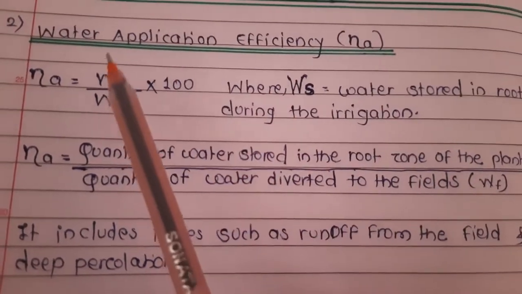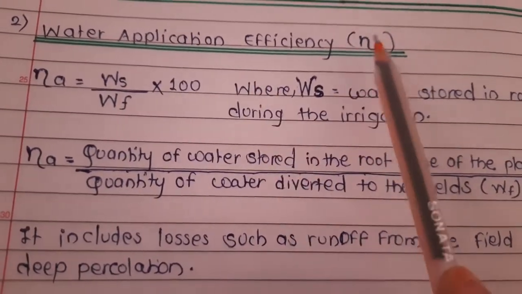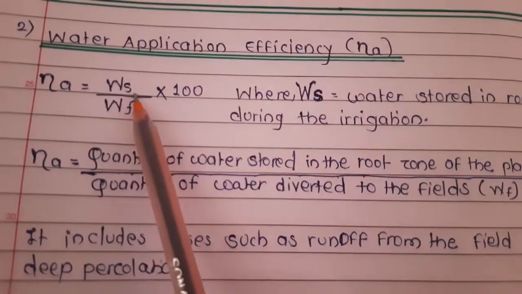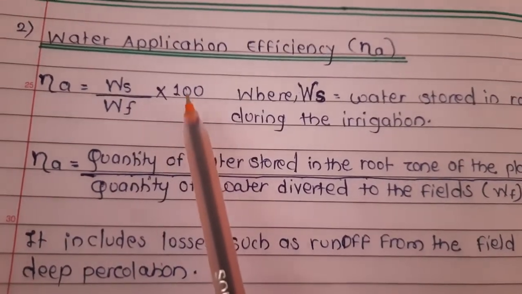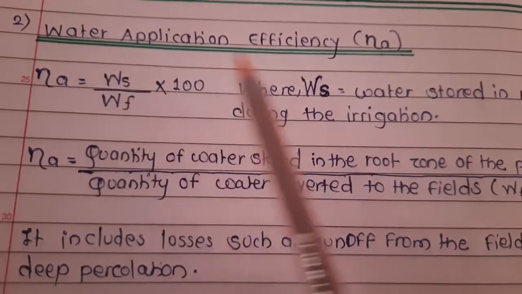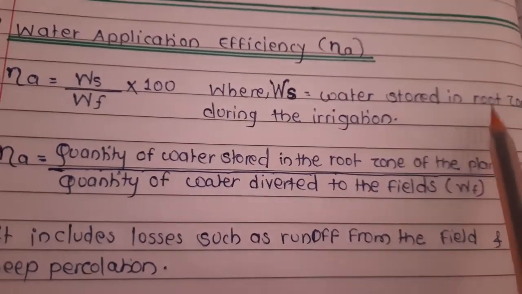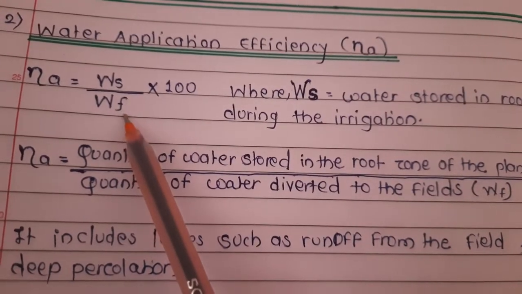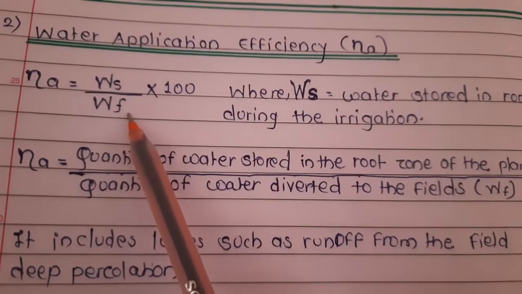Hence we can say water application efficiency, eta A, is equal to Ws upon Wf, into 100 if we want the answer in percentage. What is Ws? Ws is water stored in the root zone during the irrigation. And what is Wf? We already know, water delivered to the farm.